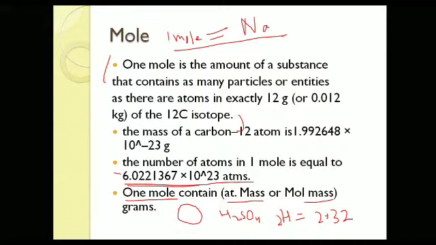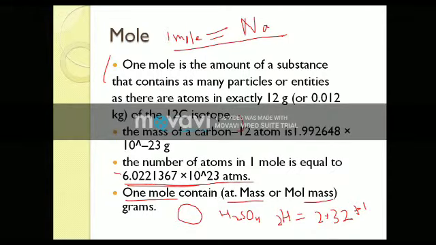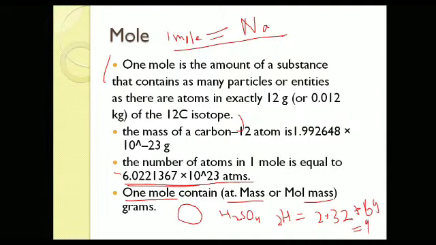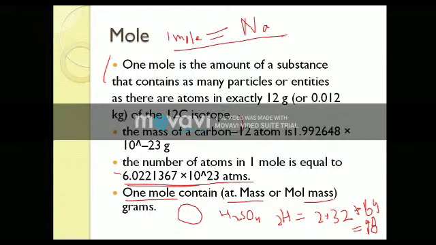Now 1 oxygen has atomic mass 16, so 4 oxygens will be 16 × 4, that is 64. So this gives you 98. This 98 is your molecular mass.